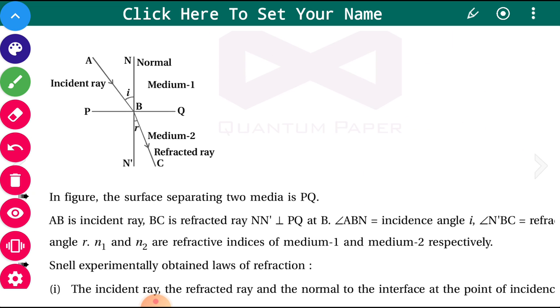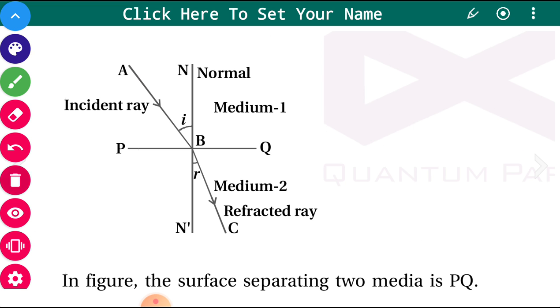Here there are different angles which we should understand or which we know already. This is the incident ray which is making an angle with the normal drawn at the point of incidence, that is called the angle of incidence. This point B is the point of incidence. At the point of incidence, you draw a perpendicular to the line separating the two media. Then the angle made by the incident ray with this perpendicular is called the angle of incidence, denoted by i.